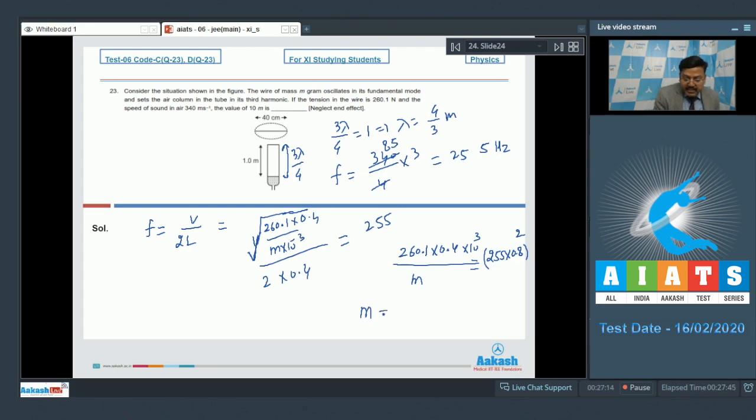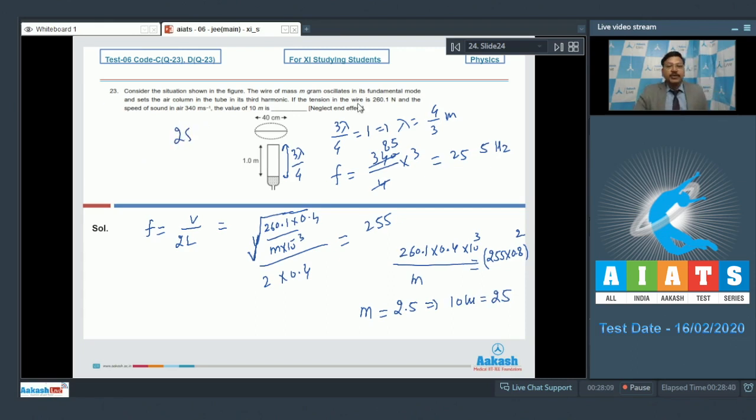Now we have the expression. It's simply a matter of finding the value of m, and the value of m comes out to be equal to 2.5, and that means 10m is 25. So for question 23 the answer is 25.